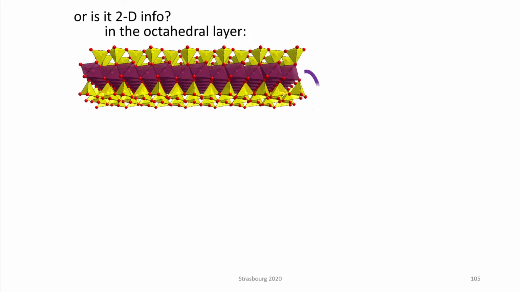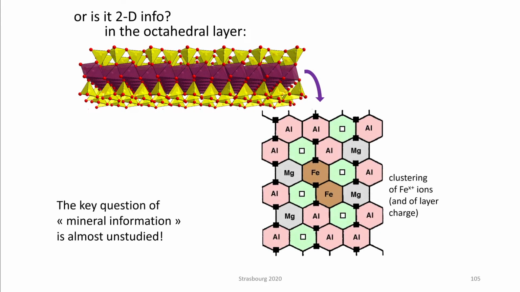In addition, there is also another possibility: that surfaces, when they are two-dimensional, and the information they encode could also be in two dimensions. And people who are very specialized in this kind of study have, for example, evidenced some clustering in the central sheet of a clay layer here. You have the octahedra.